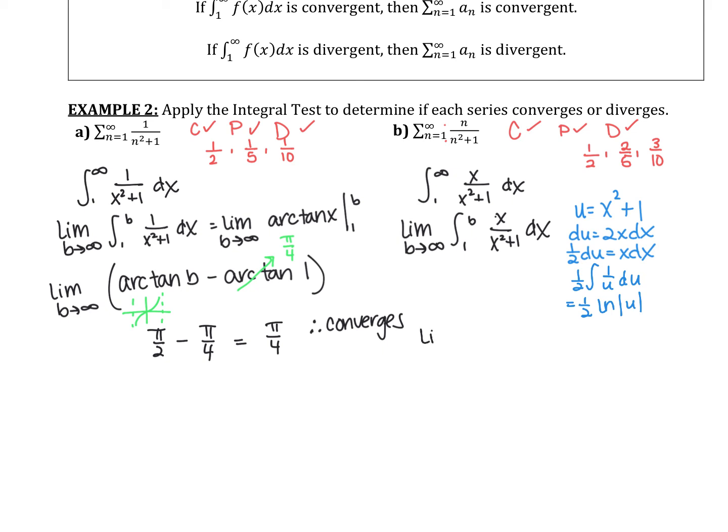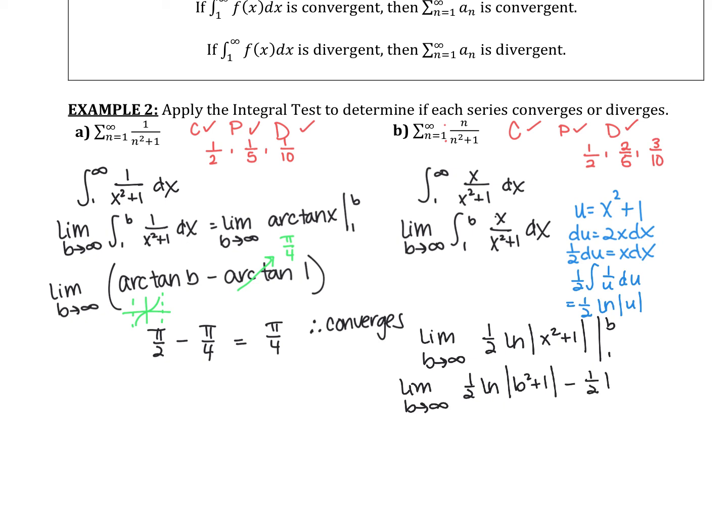So really this problem says the limit as b approaches infinity of 1/2 the natural log of x squared plus 1, evaluated from 1 to b. So I've got the limit as b approaches infinity of 1/2 times the natural log of b squared plus 1 minus 1/2 the natural log of the absolute value of 1 plus 1.